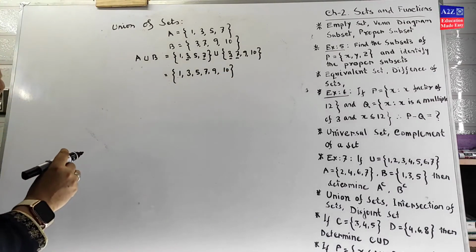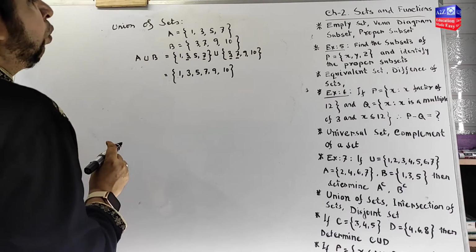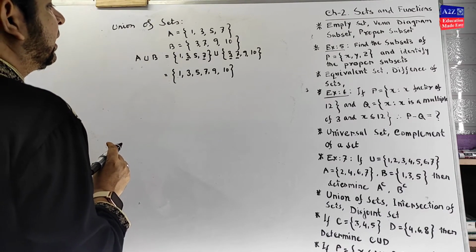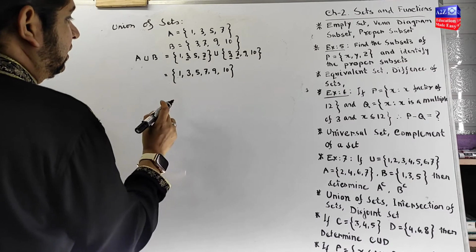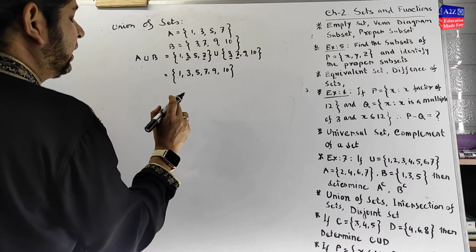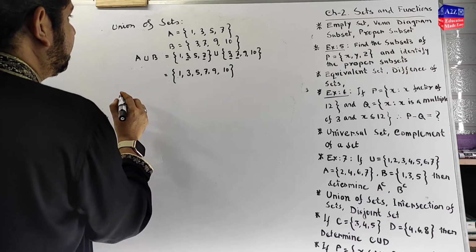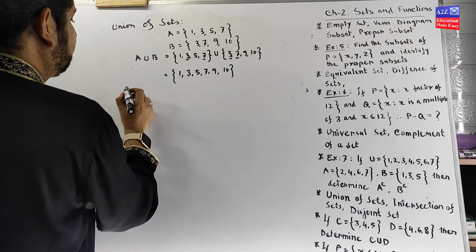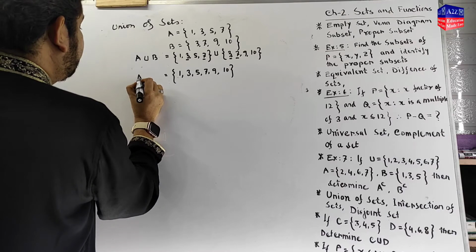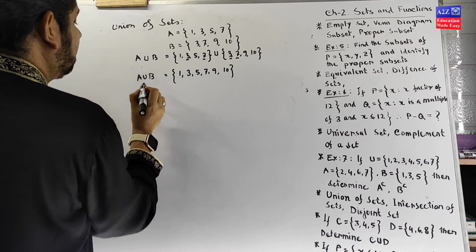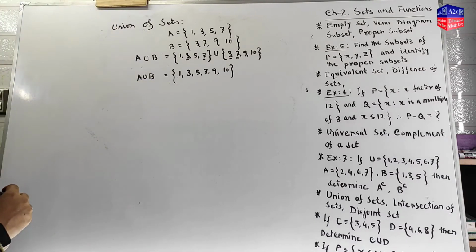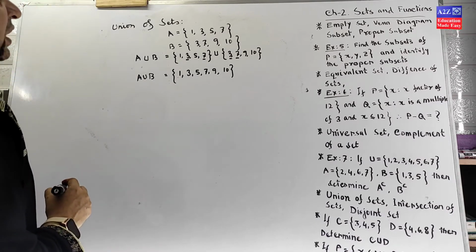In this set you will find that all the items from sets A and B are included. There are no items that are excluded. So this is basically the union of both sets A and B, and this is denoted by A union B. So what is the definition saying?